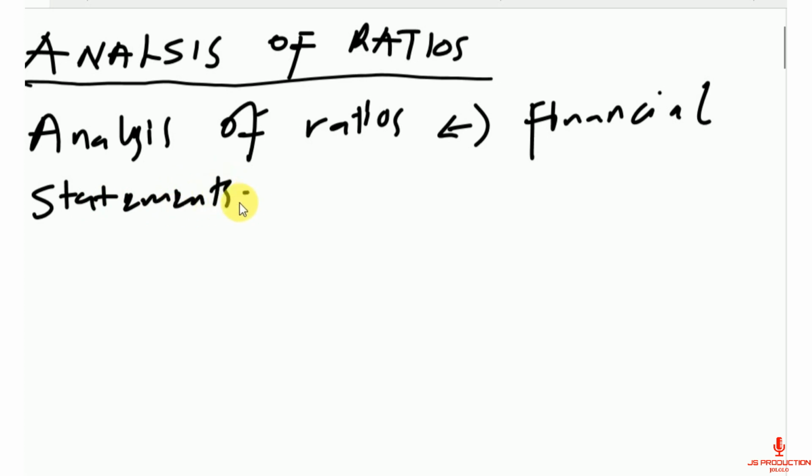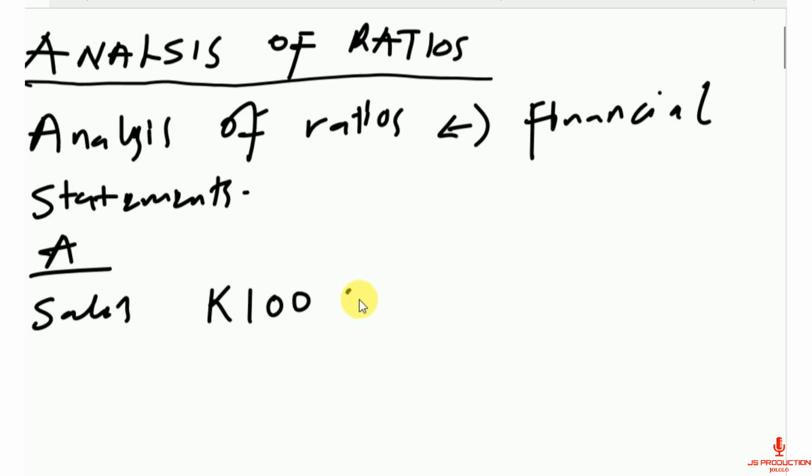If we have company A, and we say that company A has sales revenue of 100,000, and it made a profit of 5,000.